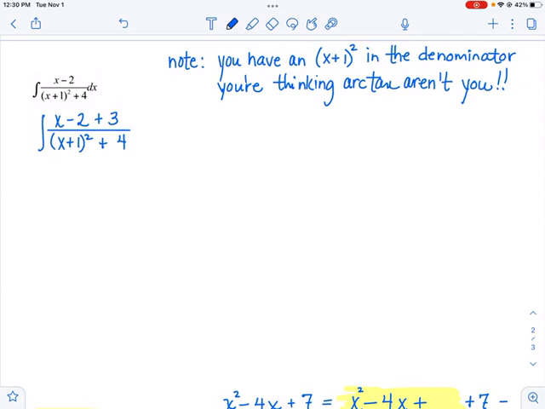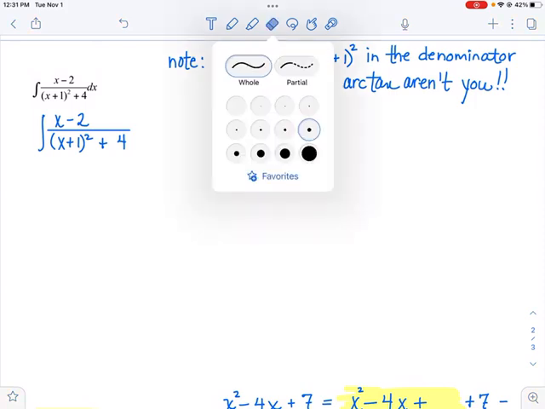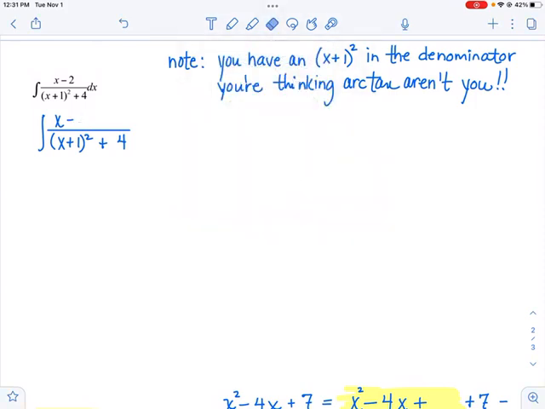I didn't mean add 3 at that step. I was thinking of taking this and changing this so that this was x plus 1, and then I would subtract 3, because then that would be the same value, right? Same value. And so then I can force a split here, okay?